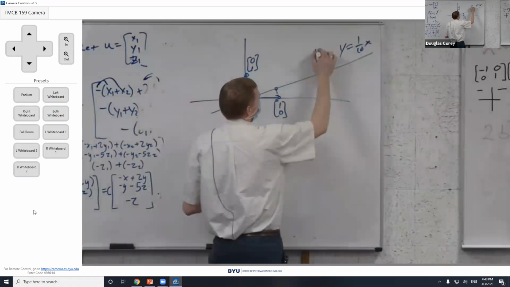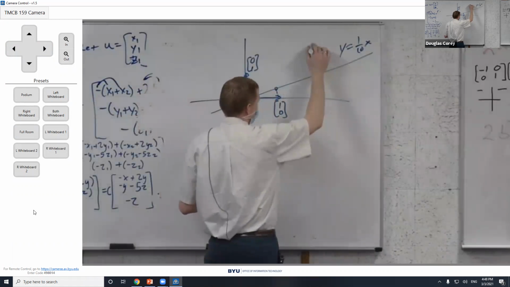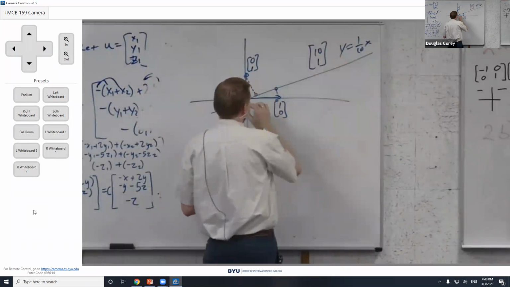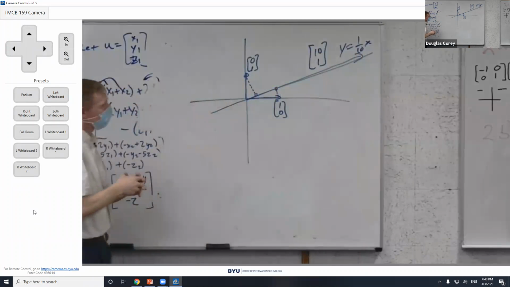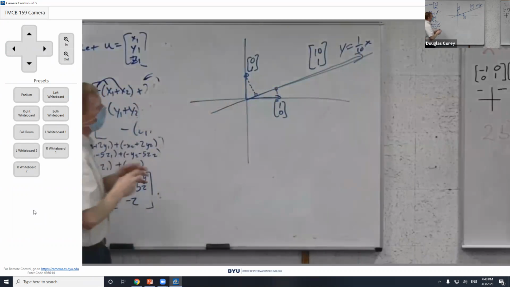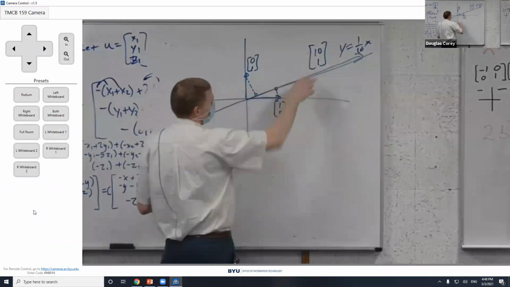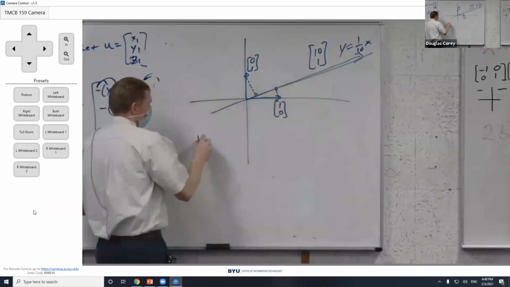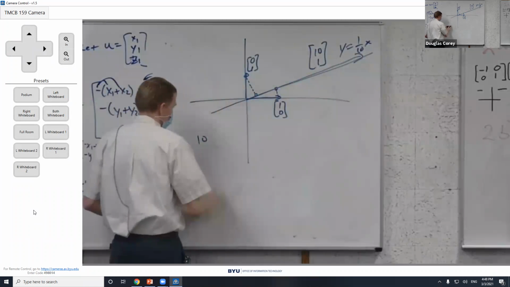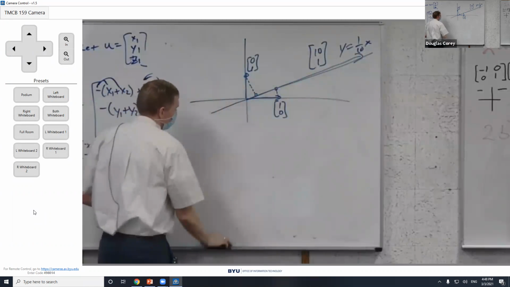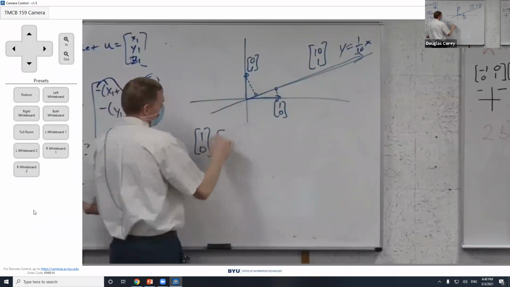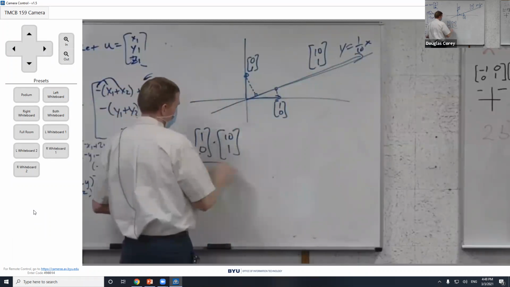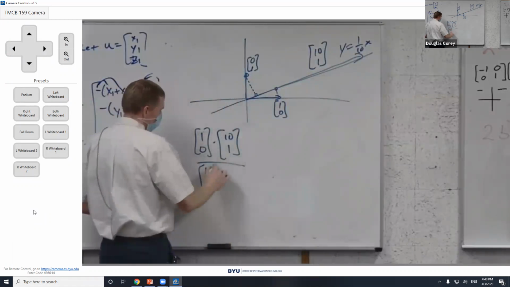So 10, 1. That's a nice long vector, and I don't have to worry about decimals or fractions. So now let's project each of these onto 10, 1. (1, 0) dot 10, 1. I'm projecting onto 10, 1, so that's my denominator here.